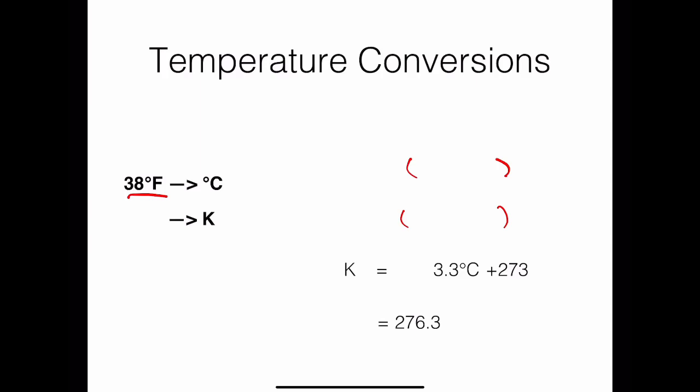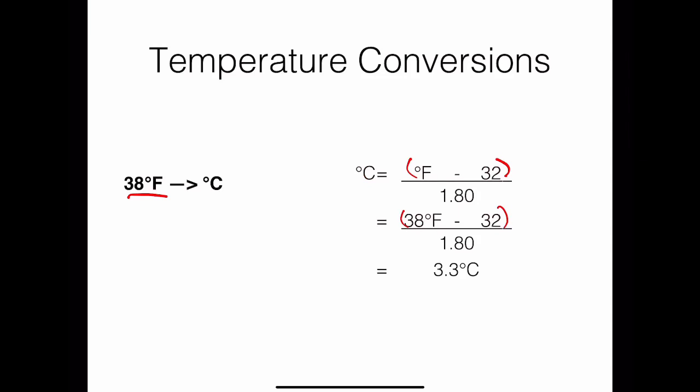It's easier to do this in multiple steps than it is to look at the entire equation in one step. But if you prefer to do it that way, going back to the equation we saw here, we would just have to remember that this additional piece gets in parentheses, and then we're going to be adding 273 to the end. How you choose to do it is up to you, but it might be easier for you to view it in two steps rather than one.